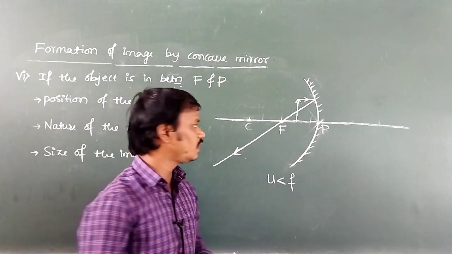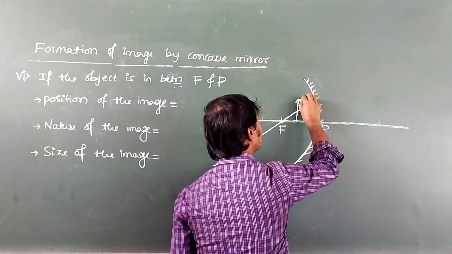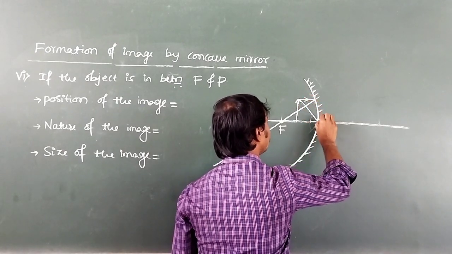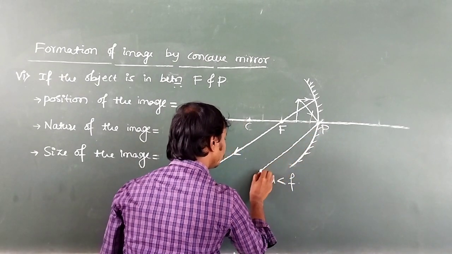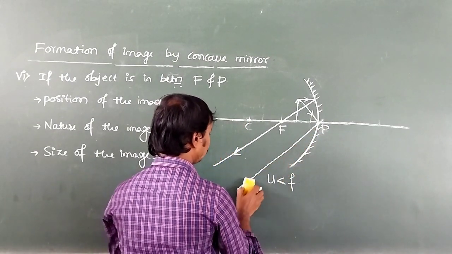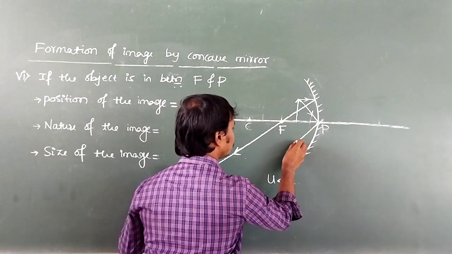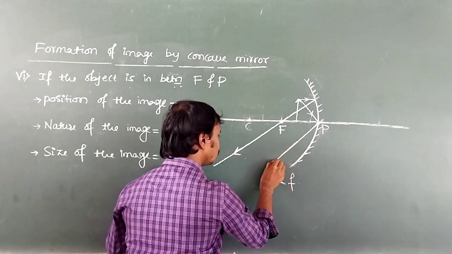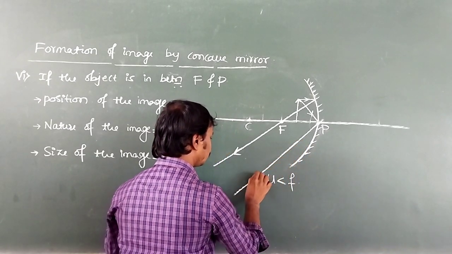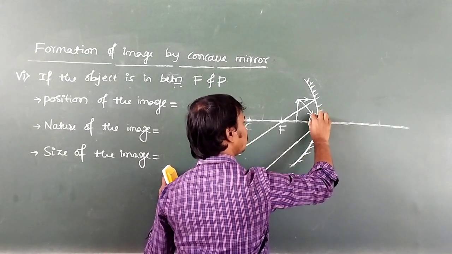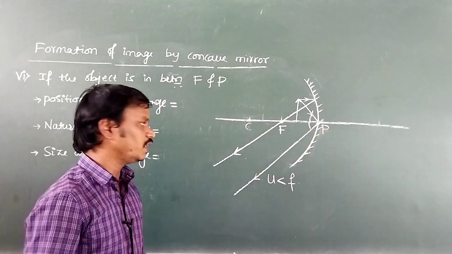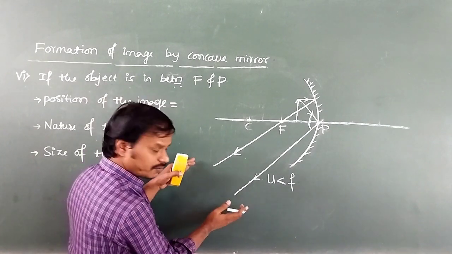It is incident obliquely and it reflects obliquely. Then this angle is equal to this angle, because the angle of incidence is equal to the angle of reflection. And here the rays are diverged.